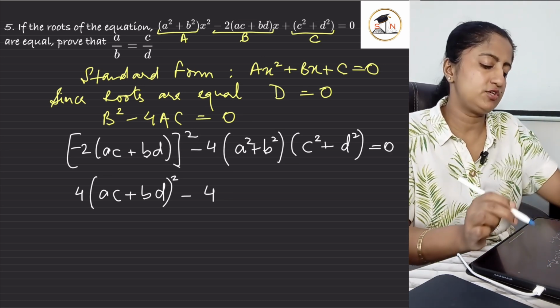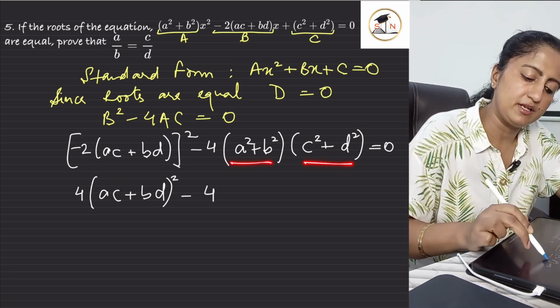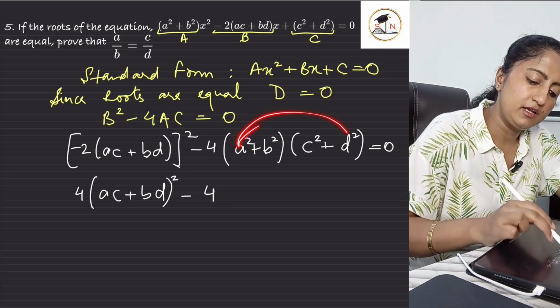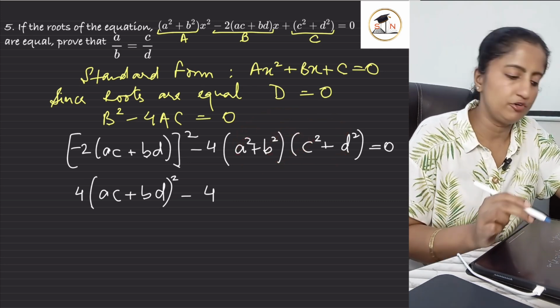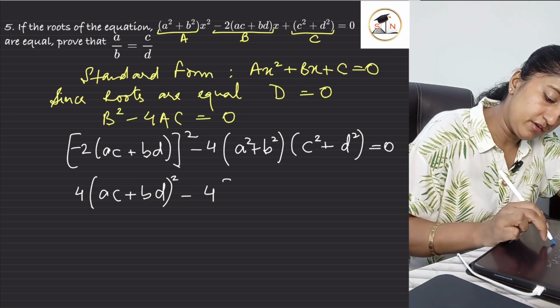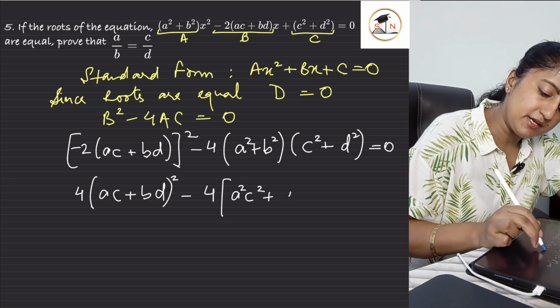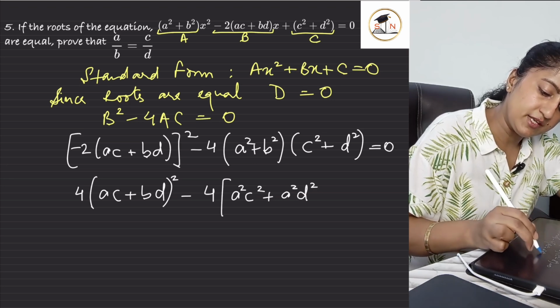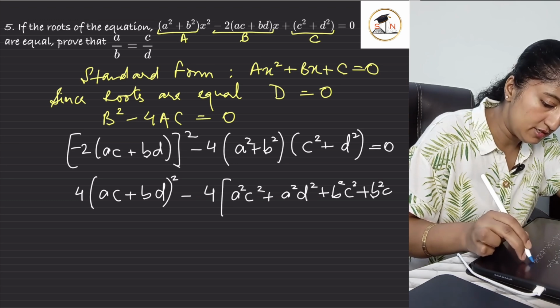In the next part, you have to do binomial into binomial, that means term by term. Okay? So we'll do it carefully. a square c square plus a square d square, then b square c square, and the last b square d square.